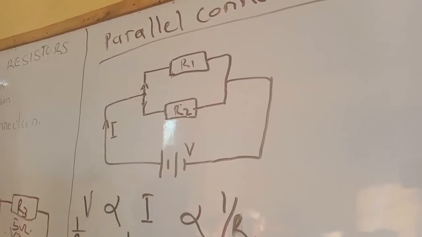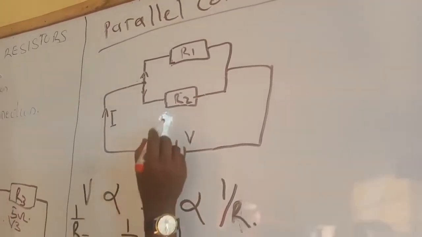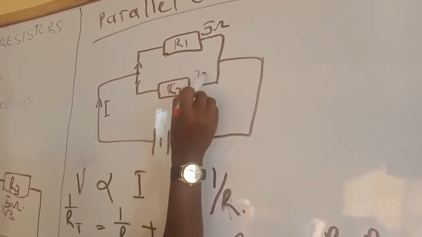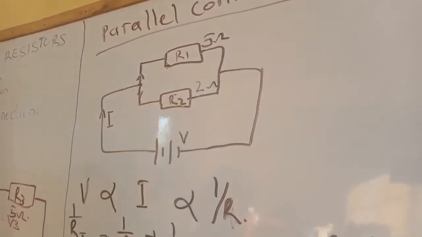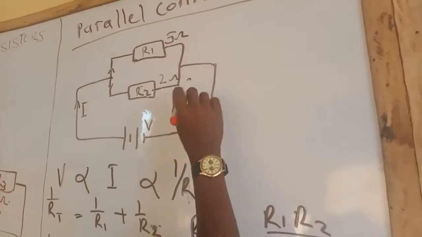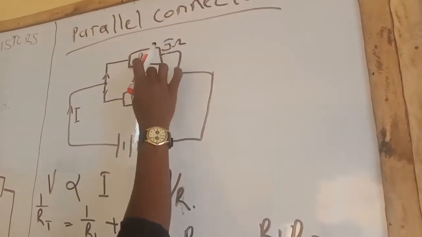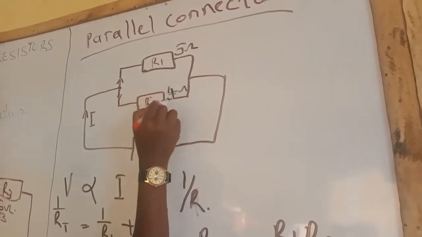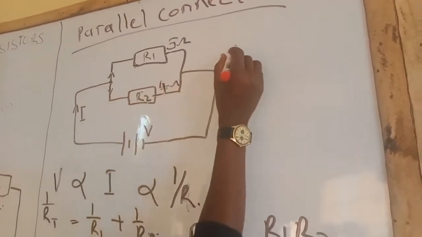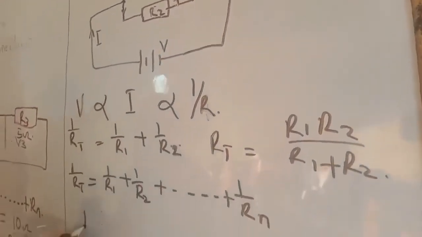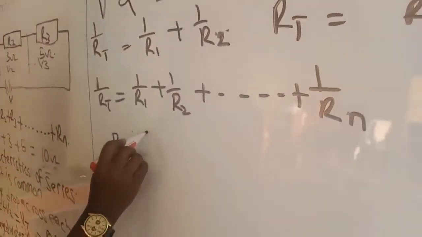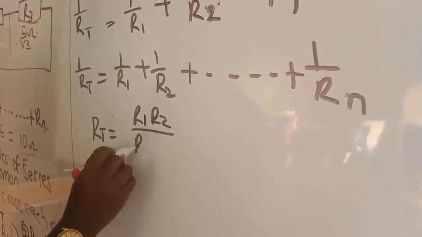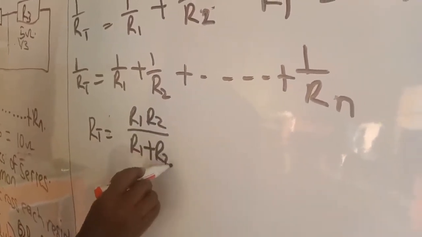So what we are saying here, if this one is 5 ohms and the other one is 4 ohms, what we are doing here is we are calculating the total resistance of this one and this. So we have RT. Our RT will be equal to R1 R2 divided by R1 plus R2.